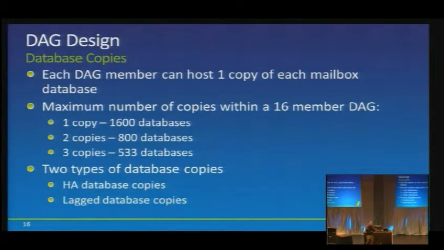Of course, you can have 1,600 copies no matter what, but in this case we're doing one unique copy of each database, so you have 1,600 unique databases. If you want to do multiple copies, then the number of unique databases drops. If you do 2 copies of every database, you get 800 unique databases. If you do 3 copies, you get 533, and so forth. Either way, it's a staggering number of databases.